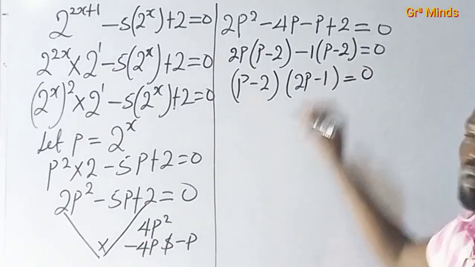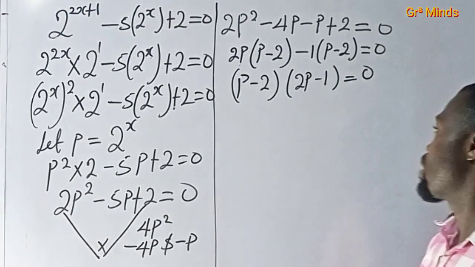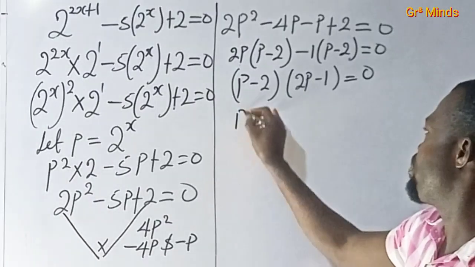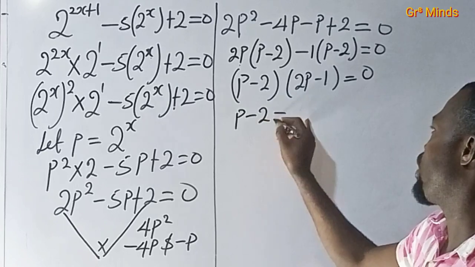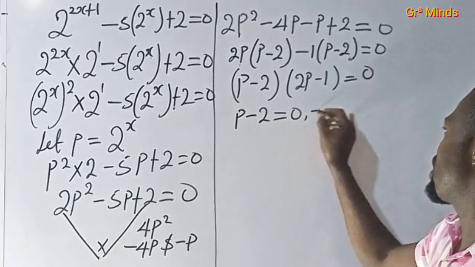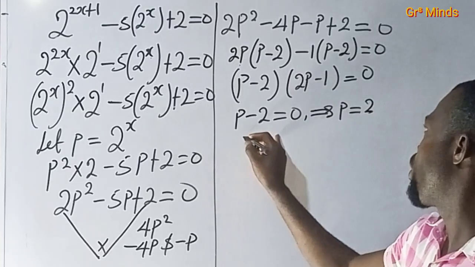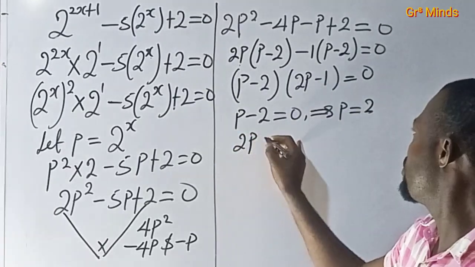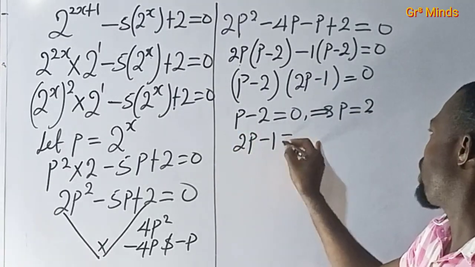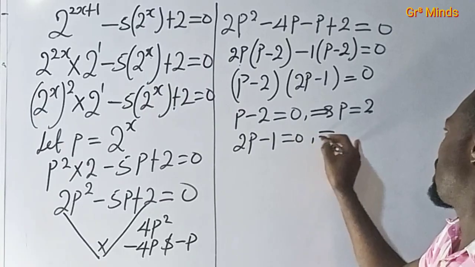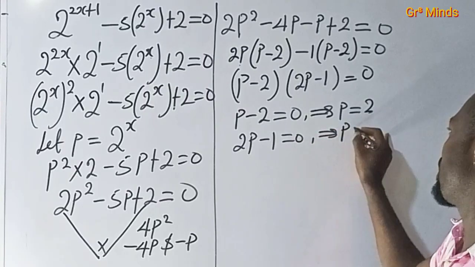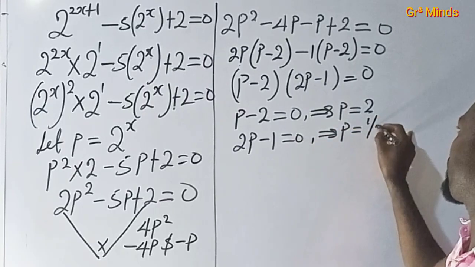This will be equal to 0. Now it implies that either p minus 2 equals 0, and this implies that p equals 2, or 2p minus 1 equals 0. Now this also implies that p equals 1 over 2.